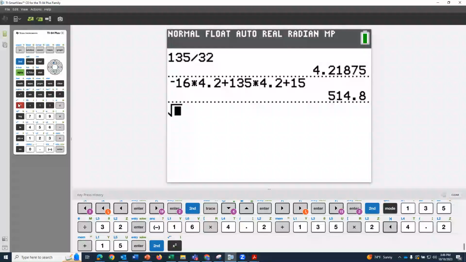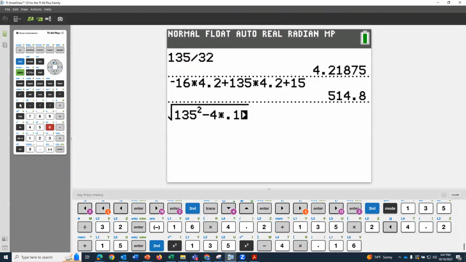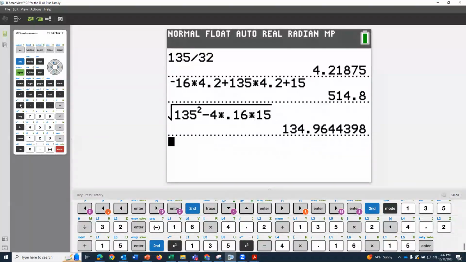Second x squared, and we have 135 squared minus 4 times negative 16 times 15. And that will be 134.96. Let's take two decimal places.